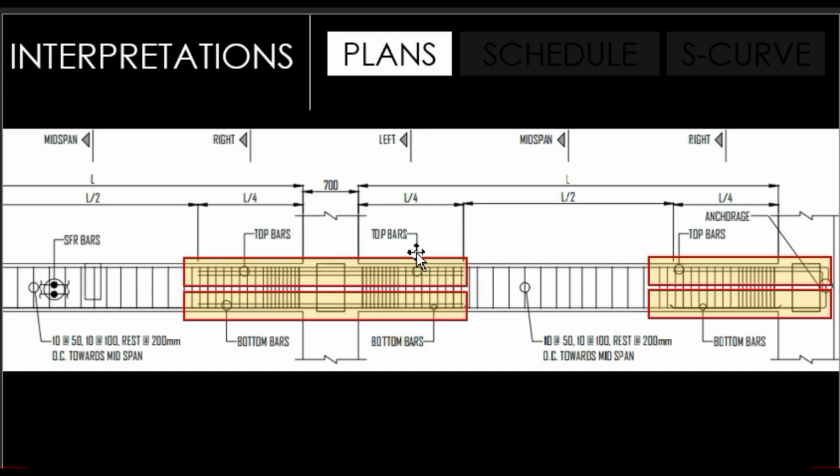As shown from this typical section, we have stiffener bars at top and bottom along left and right support. This type of stiffener is called discontinued stiffener bar.